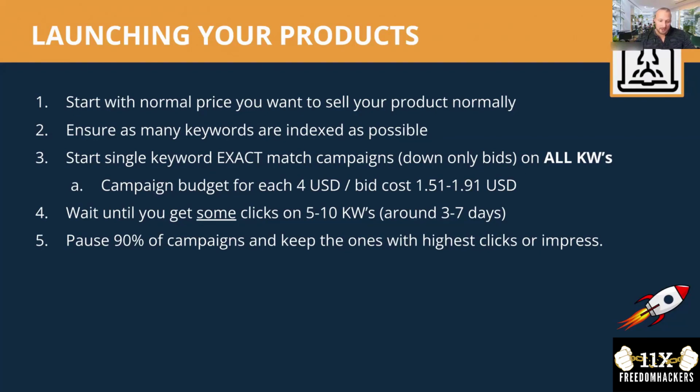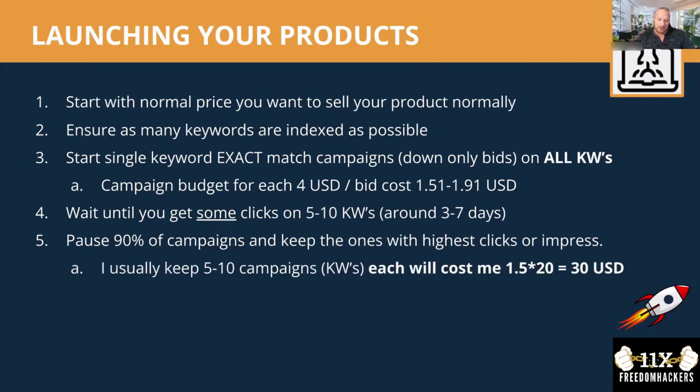If you use Scaling Insights or some bulk upload, you can start 50 to 100 single keyword campaigns, then shut down 90% afterwards and keep only the keywords that are working for you. I usually keep 5 to 10 campaigns, like 5 to 10 keywords.